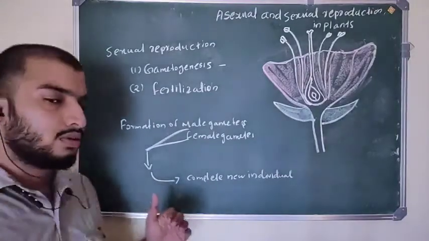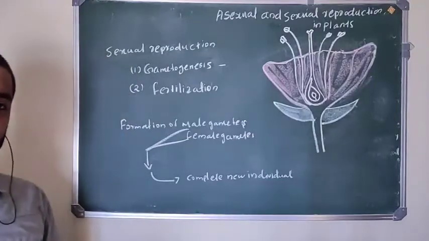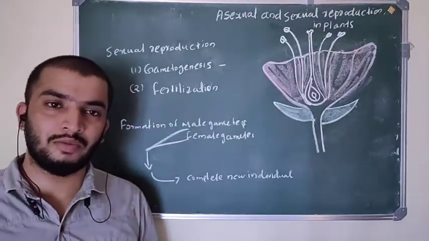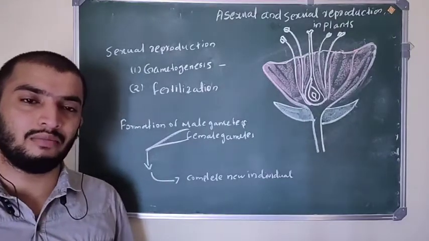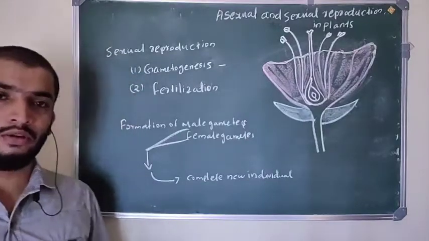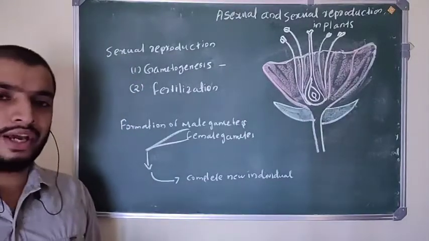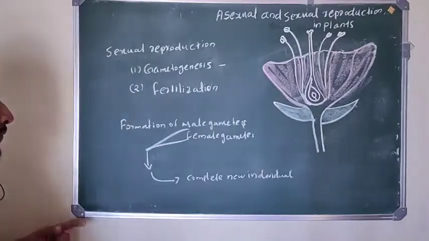So in sexual reproduction there are two processes: gametogenesis, the formation of male and female gametes, and fertilization, the fusion of these gametes, which develops into a new offspring. In plants, the flower is the reproductive organ.